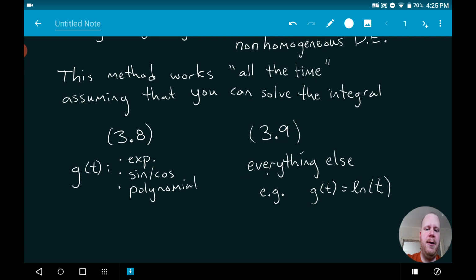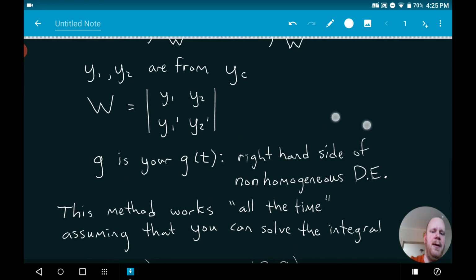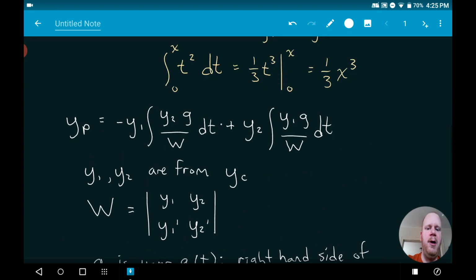Another comment that I'll make on here is that in order to make sure that y1 and y2 and g and the Wronskian all come together in both cases to form some kind of integral that you're able to do easily on paper, really everything has to sort of fit into place. This is not going to work on some random equations.